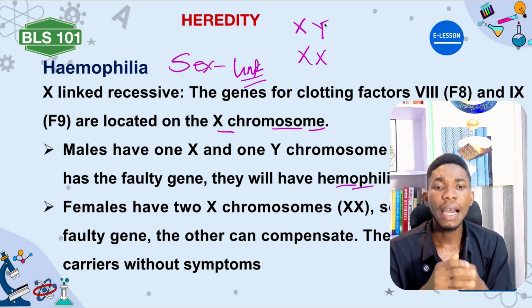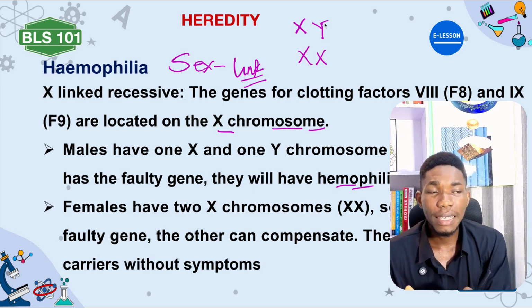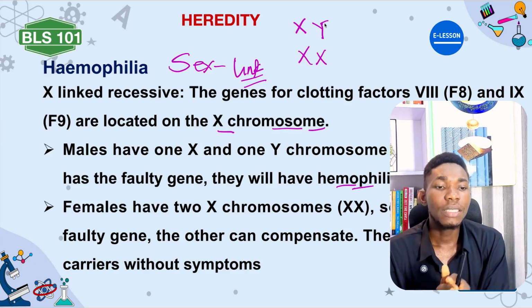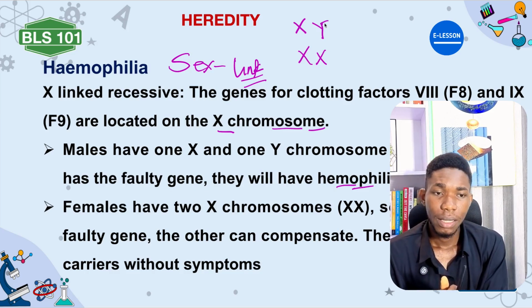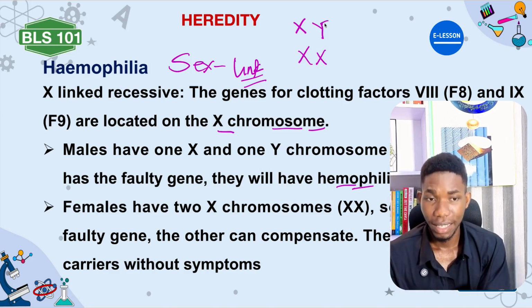But females have two X chromosomes, XX. So even if one X has the faulty gene, the other one can compensate. They usually become carriers without symptoms, unless both X chromosomes have the hemophilia.